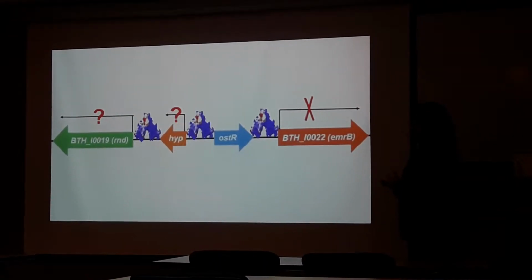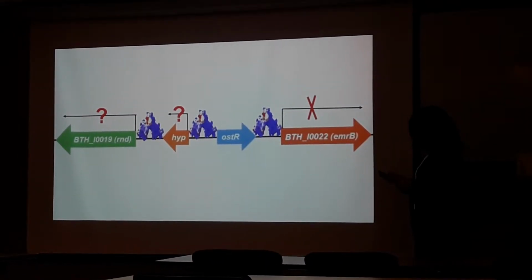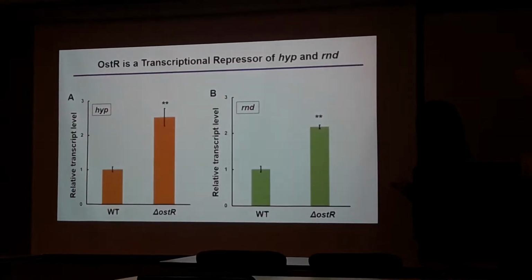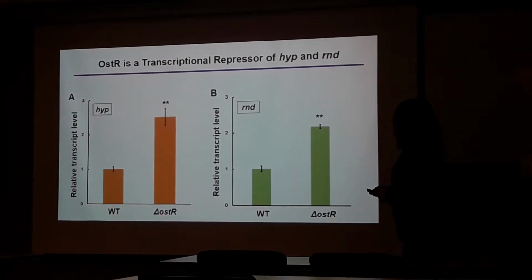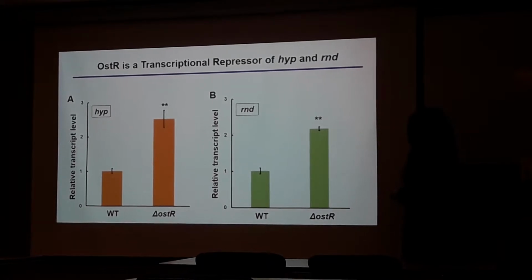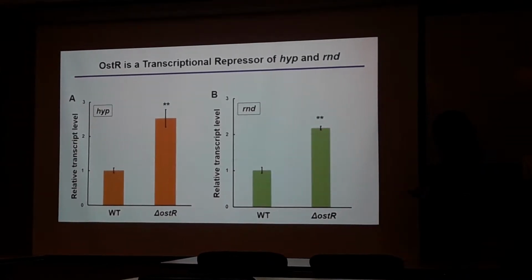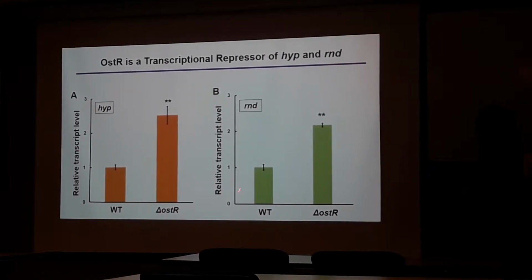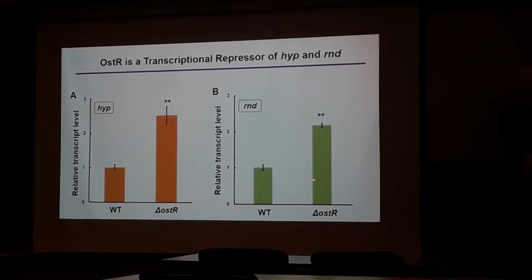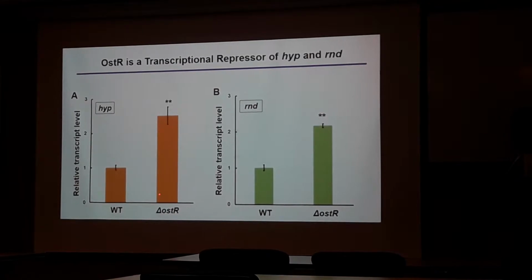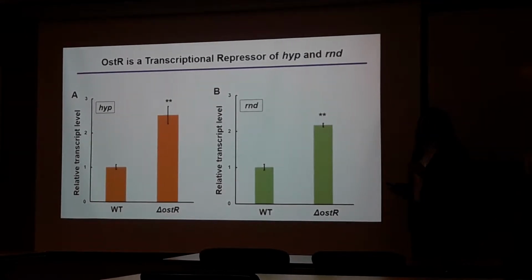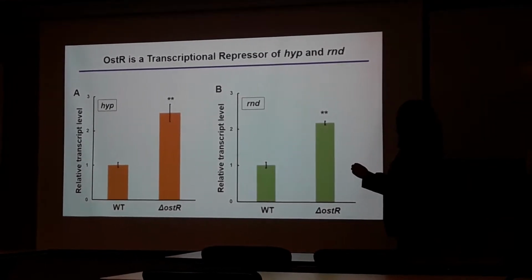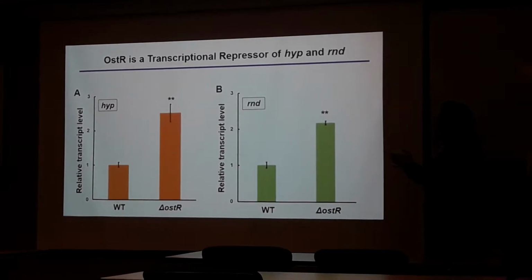Whether OSTR is also regulating their expression or not. To answer this, we determined the transcript level of HIP and RND in wild type and delta OSTR. As we're seeing here, HIP is approximately 2.5-fold upregulated in delta OSTR, and RND is approximately 2-fold upregulated in delta OSTR. So that means that OSTR is not only regulating EMRB, but also regulating these divergently oriented genes, HIP and RND.